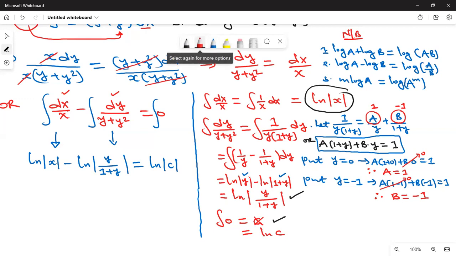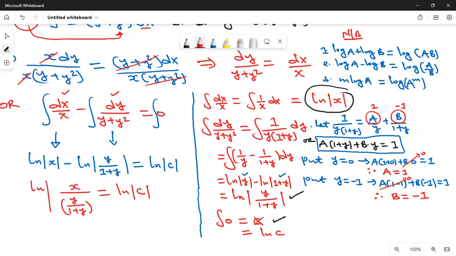So on the left, when you apply the laws of logarithms, this can be written as ln of x over y over 1 plus y, is equal to ln c.